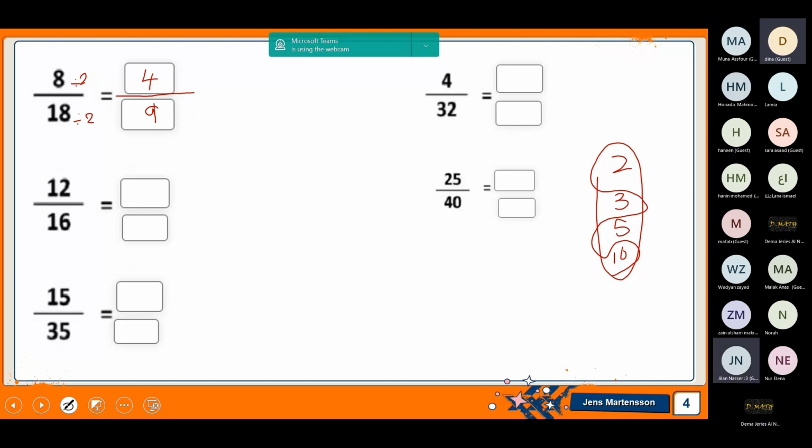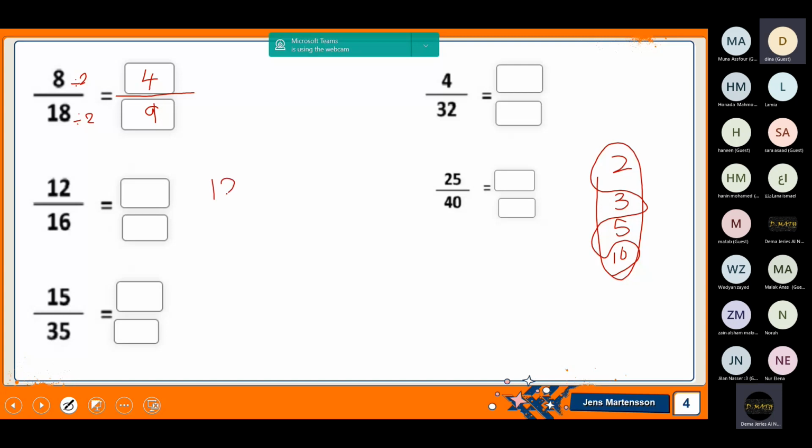Yes, teacher. Again, 12 and 16. Can I divide them by 2? Are 12 and 16 even numbers? Yes. Yes, good job.